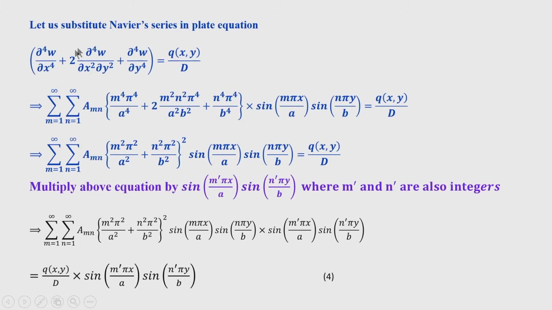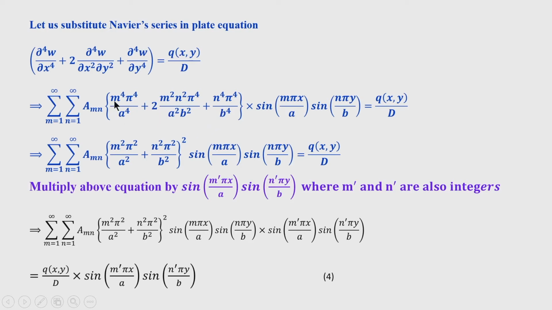Then here also, first we differentiate 2 times with respect to x, and then the result is differentiated 2 times with respect to y. So, again it is an even number of derivatives, and the function remains as it is, because there will be no change of the sine function, only the coefficients will change.